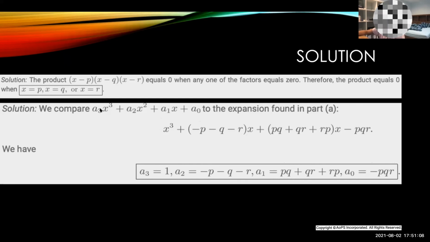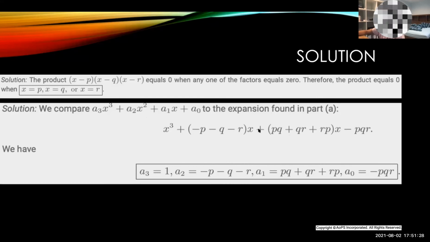So here you can see that for x cubed, the coefficient would just be 1. For x squared, it would just be negative p, negative q, negative r. A1 would just be this.